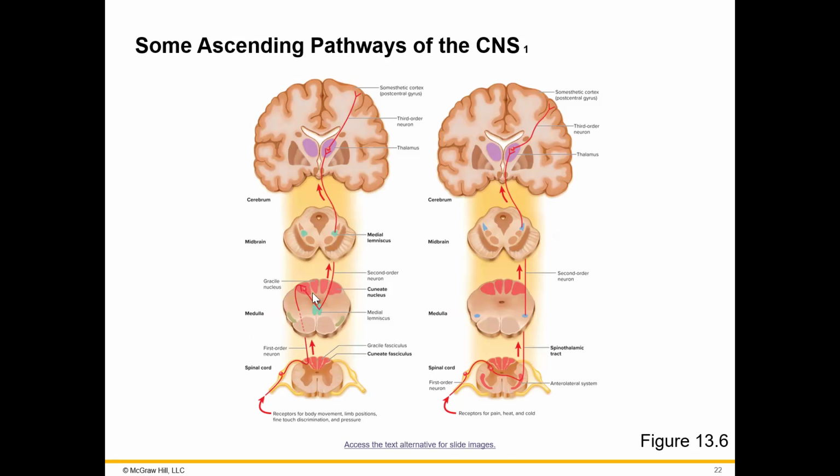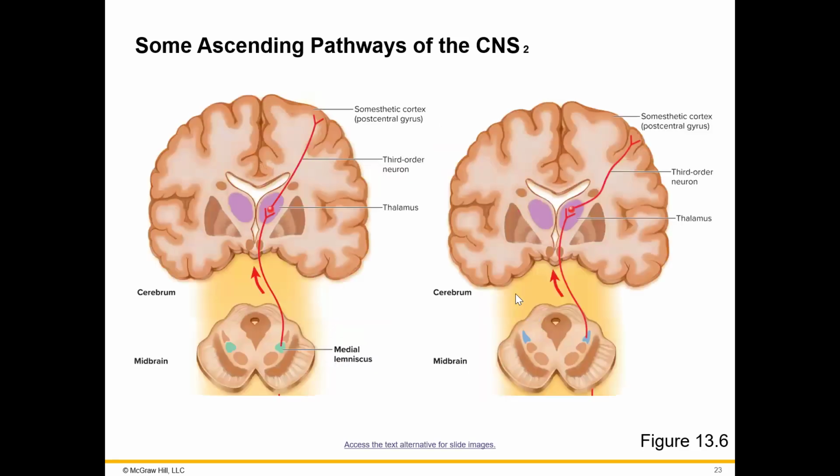We decussated. But what about here? Did we decussate here? No, we went straight all the way up. Decussation always happens in the medulla. So this patient, if they got a stroke here, they cannot control the right side. But this patient, if they got a stroke here, they cannot control the left side because there's no decussation. That's the medial lemniscus.